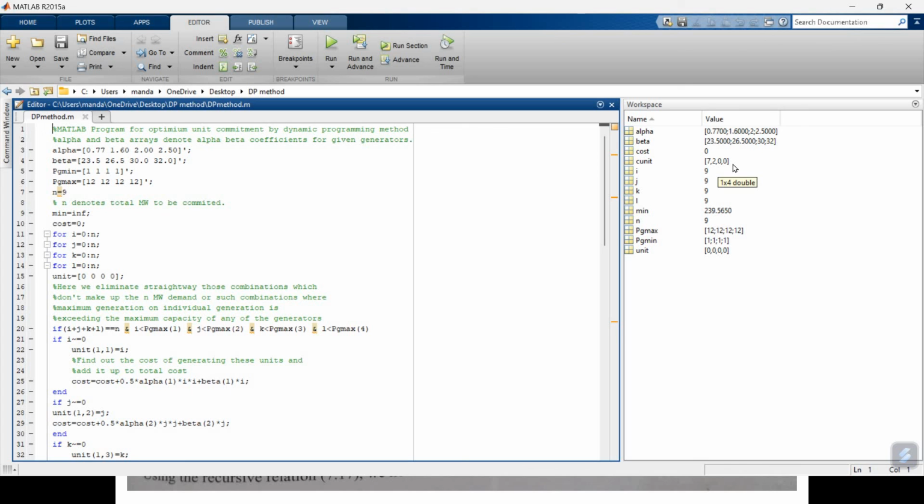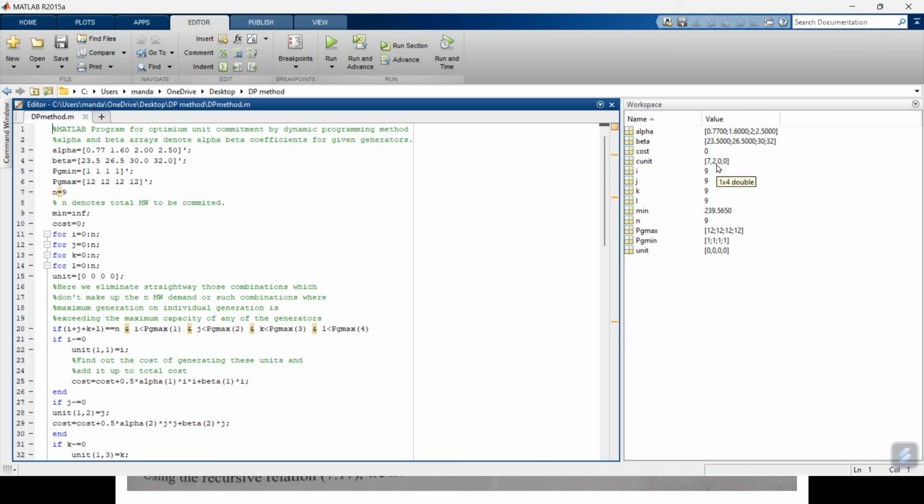That means the answer is similar to our theoretical calculation. Through the theory also we observed that for 9 megawatt of load, among the four available generators, the first and second generators will share the load, the first sharing 7 megawatt and the second sharing 2 megawatt. And the same we have obtained by the simulation also.